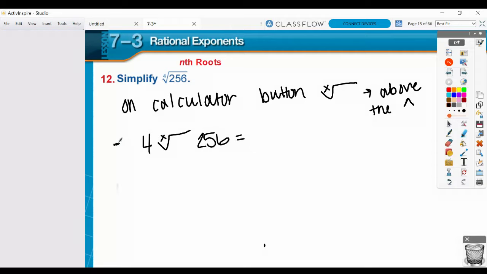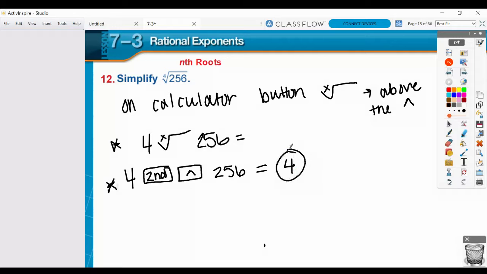So you would be typing in 4, and then that second button with the caret, and then 256. And you should get the answer of 4. And that's it. Pretty simple.